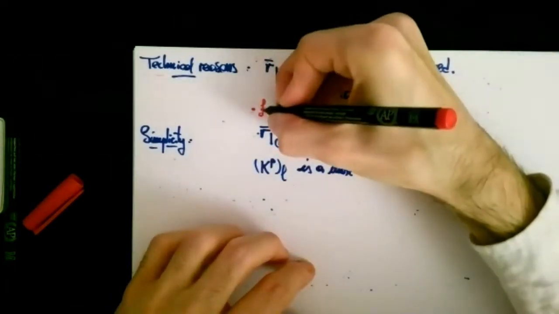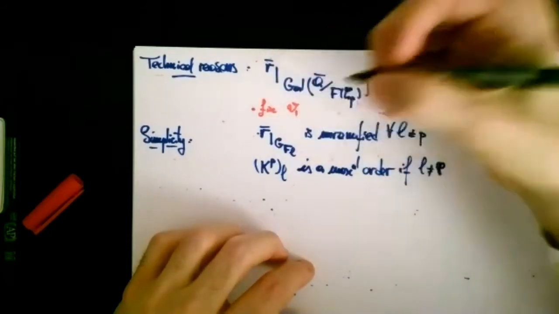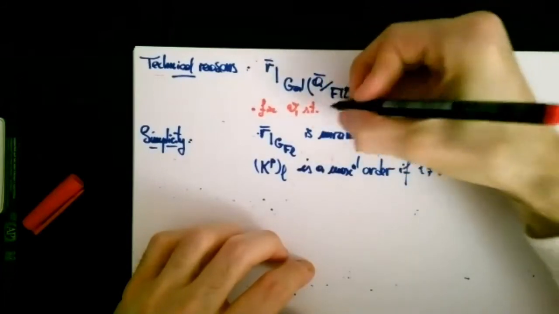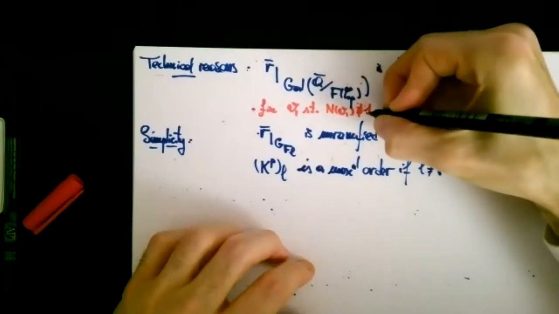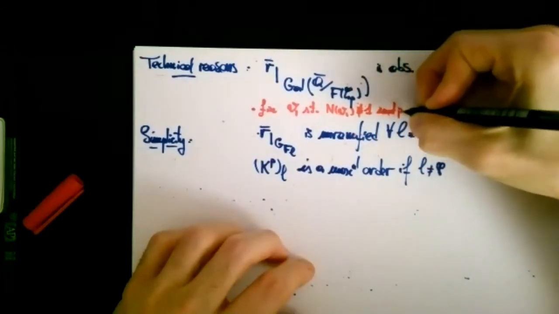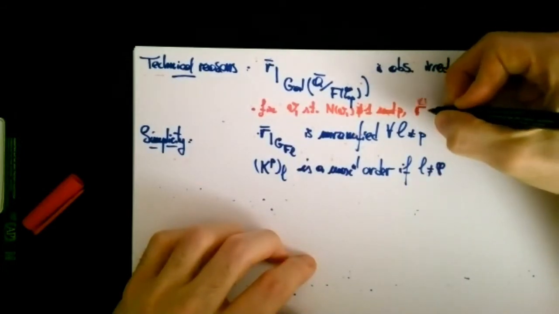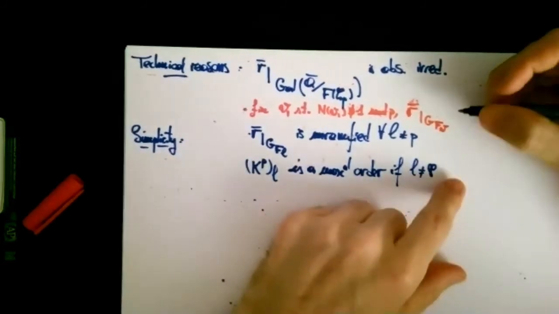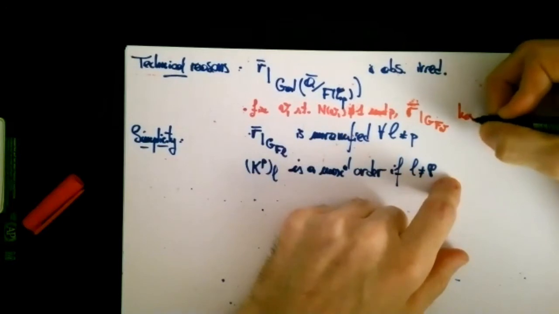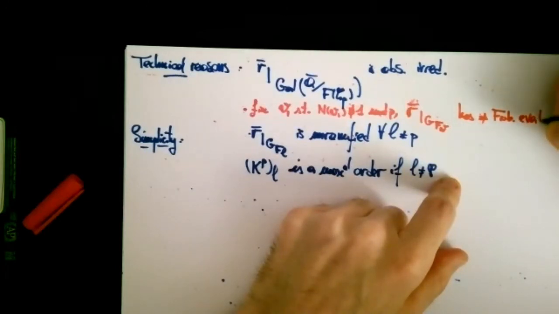So we fix a place, I call it v1, such that the norm of v1 is not congruent to 1 mod p, and we assume that rho bar restricted at G at v1 has distinct Frobenius eigenvalues.